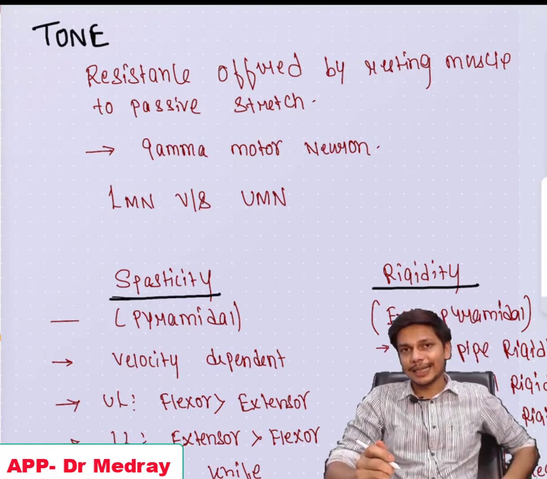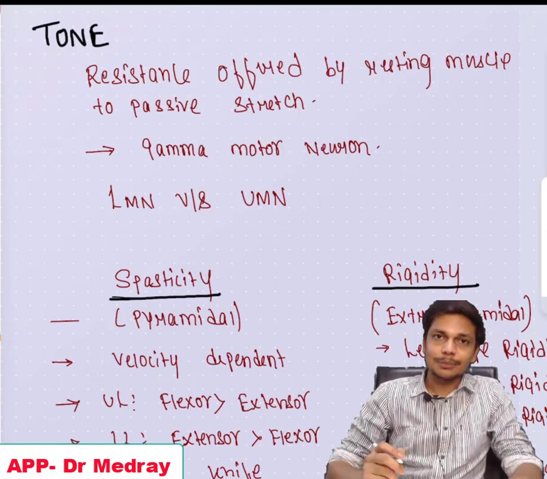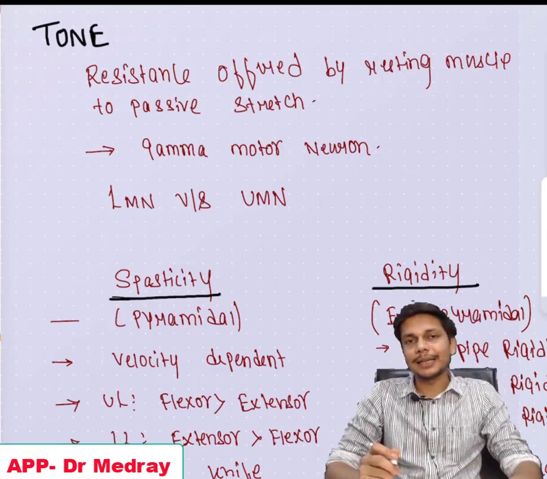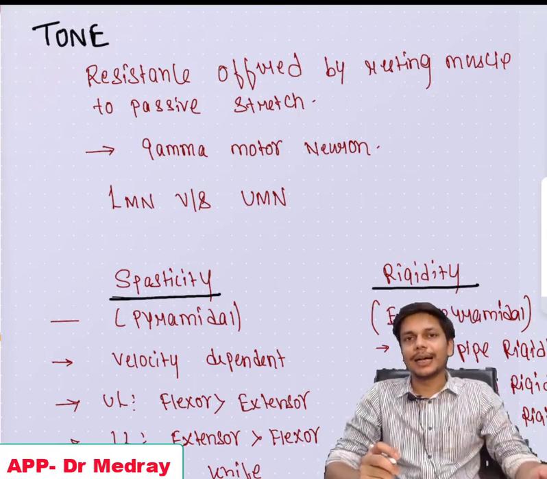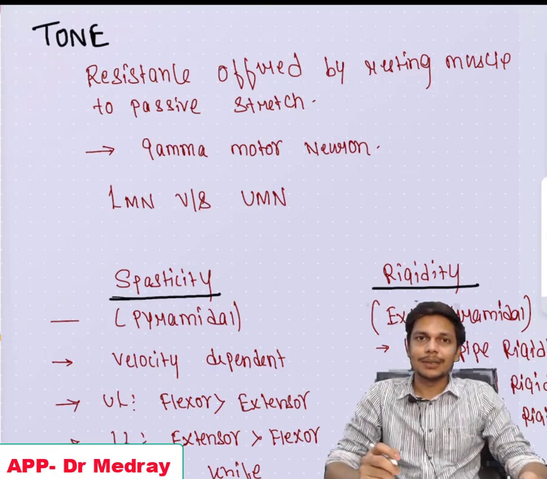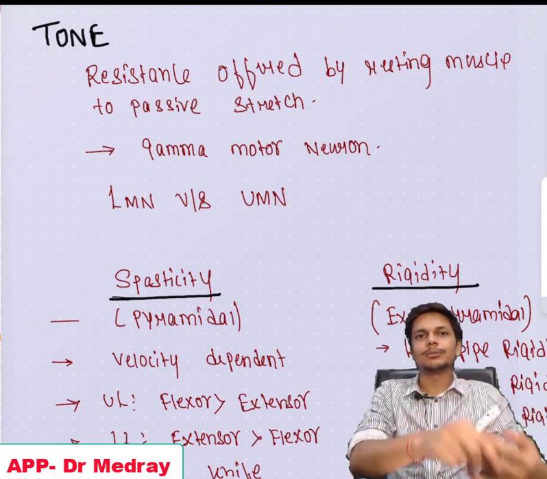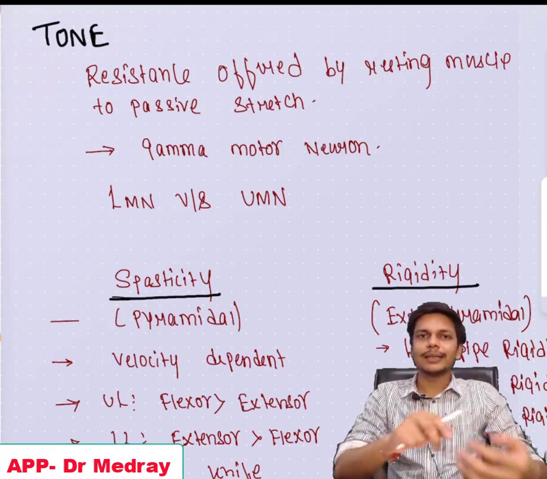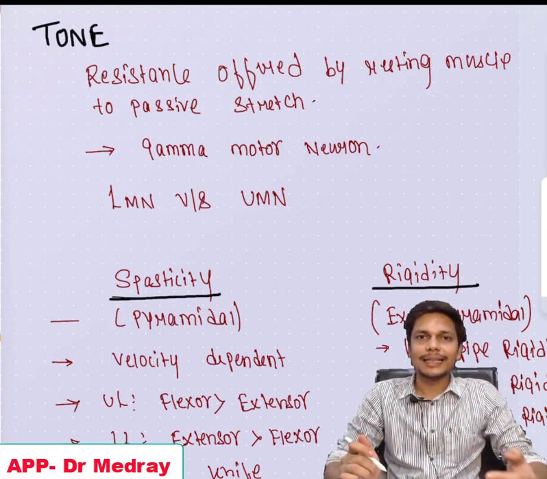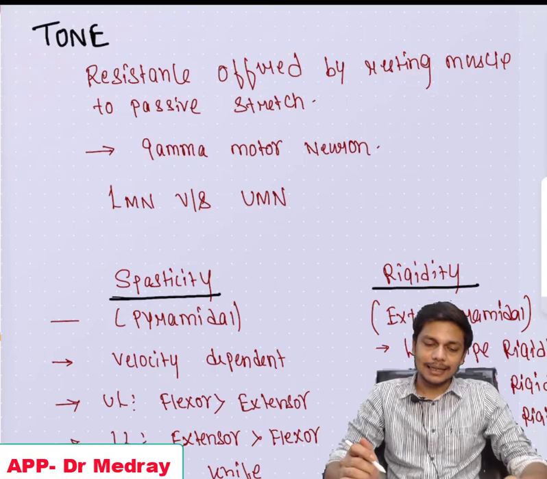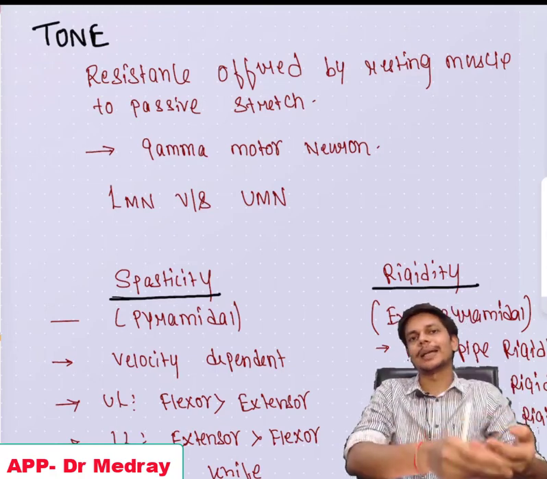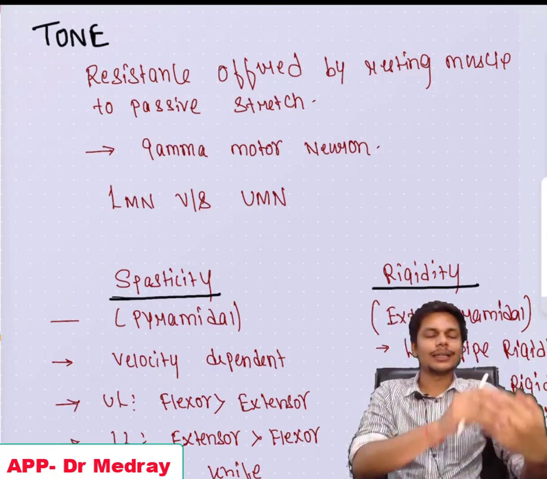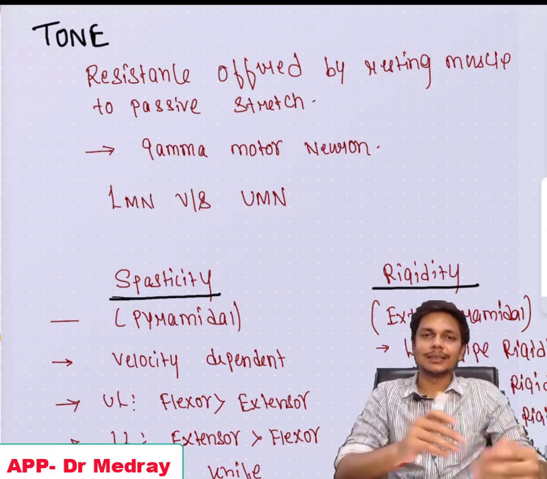It is the resistance offered by the resting muscle. If I make my arm loose, I relax my arm and then I try to do the movement, I am not offering any resistance, I am relaxing and doing any movement with my right hand, and the resistance I am feeling is the tone.